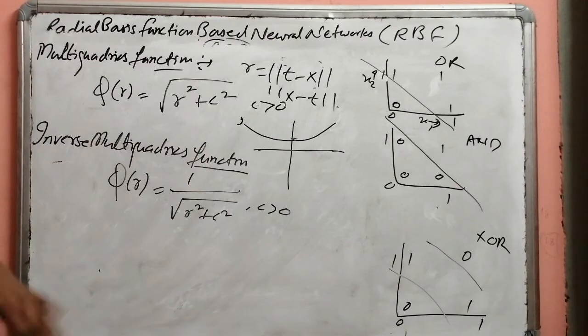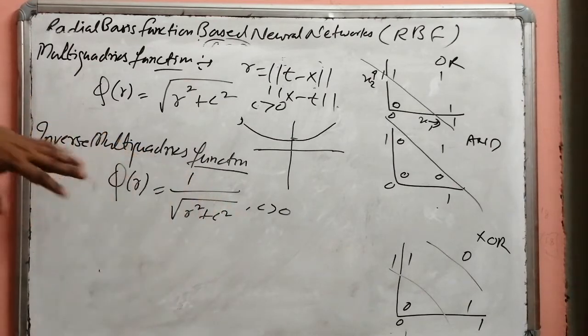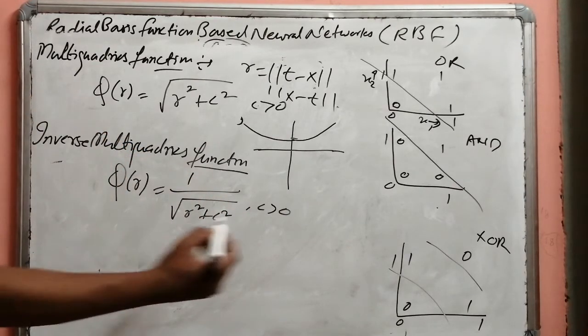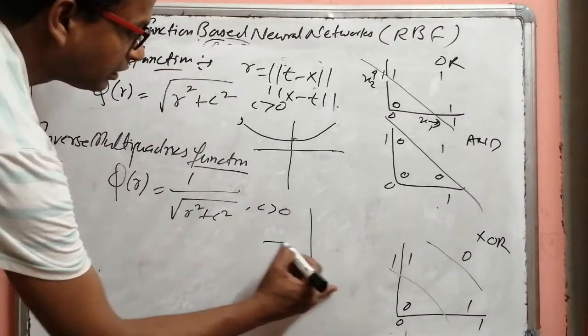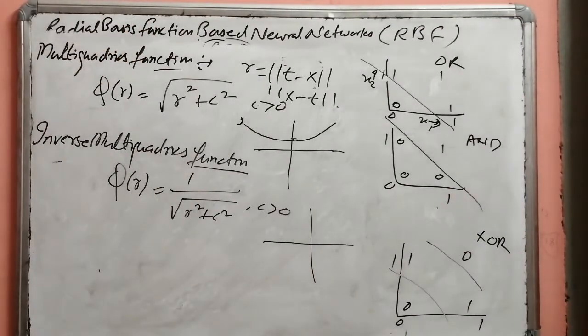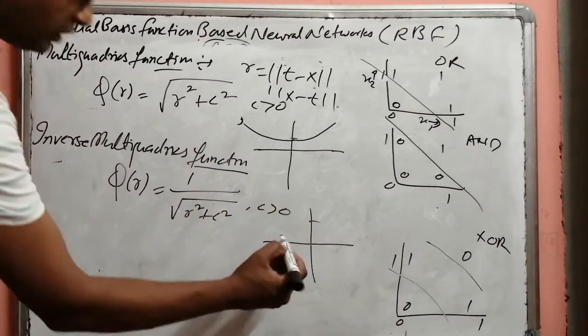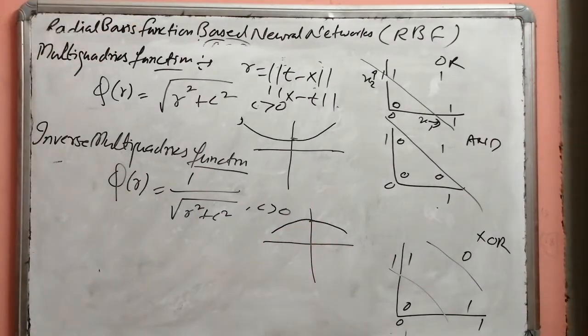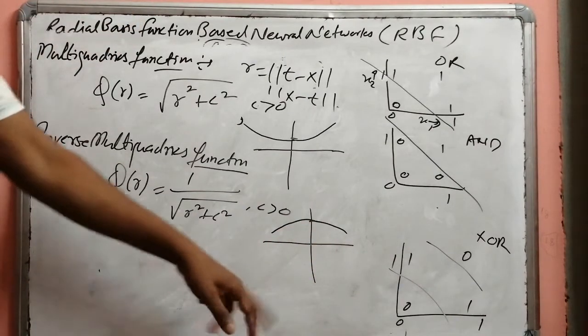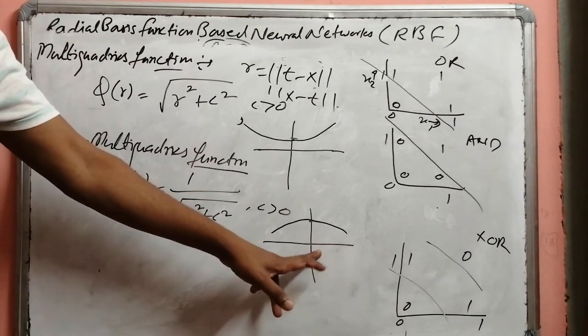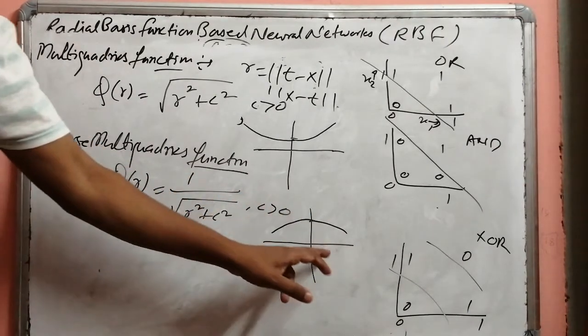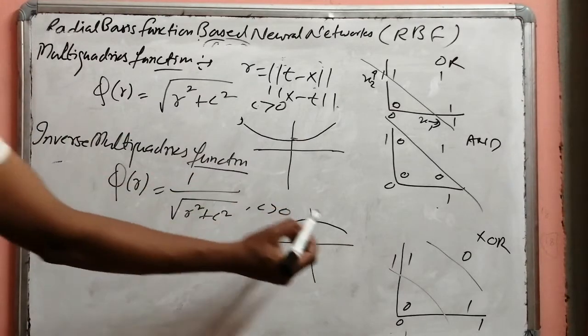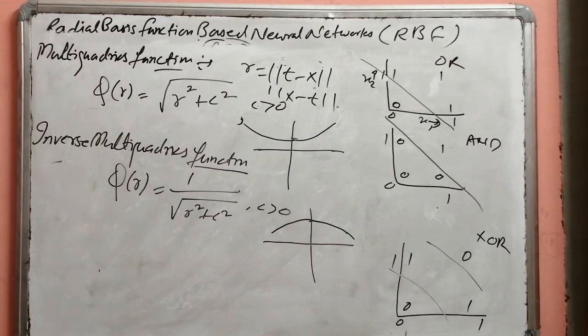If r increases, the value of this function decreases. So we can draw this by looking at it, that it follows this curve. Means when value of r is low, then its function value is higher. If it keeps on increasing, then the function value decreases. So this is our second radial basis function.